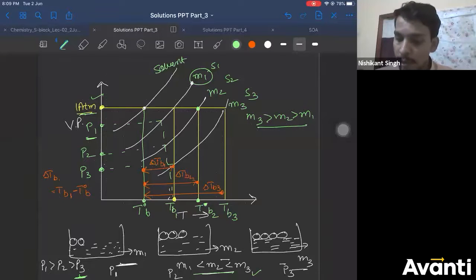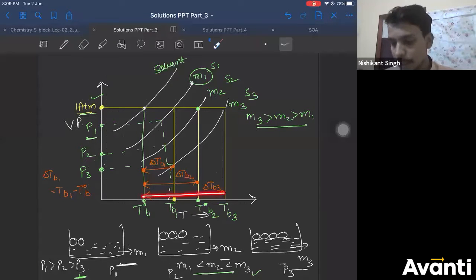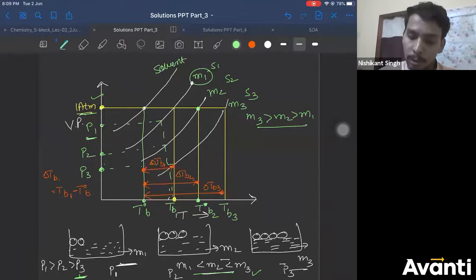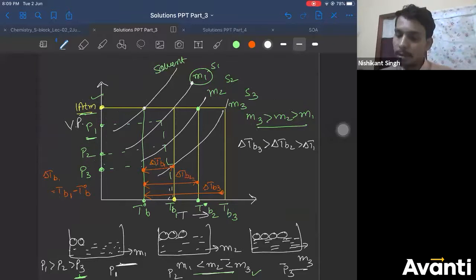And from the graph, we know delta TB3 is more than delta TB2, then delta TB1. So delta TB3 is greater than delta TB2, greater than delta TB1. See here, delta TB3 is maximum because molality is maximum.